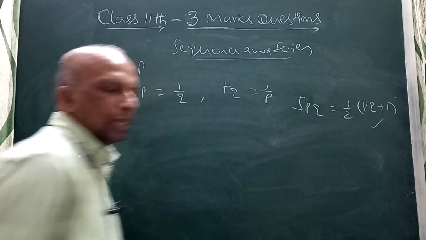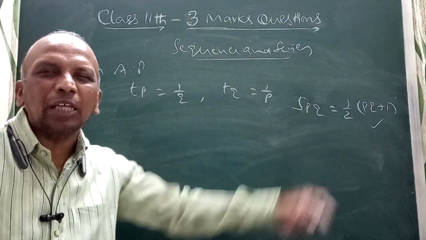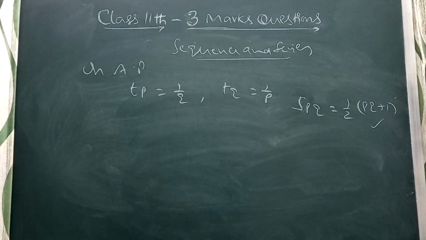They are asking to find the sum of the first pq terms, given Tp is 1 by q and Tq is 1 by p, then find S pq is equal to half into pq plus 1.